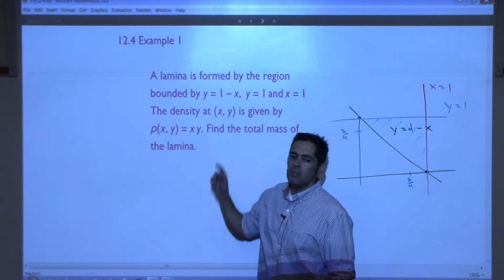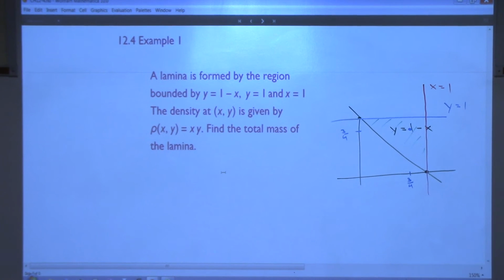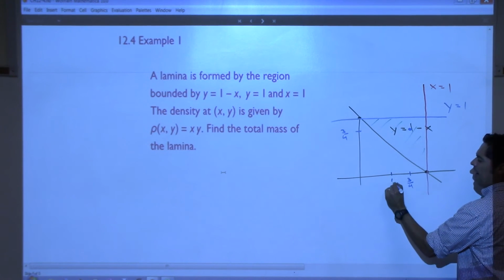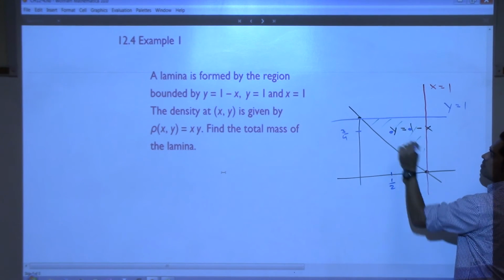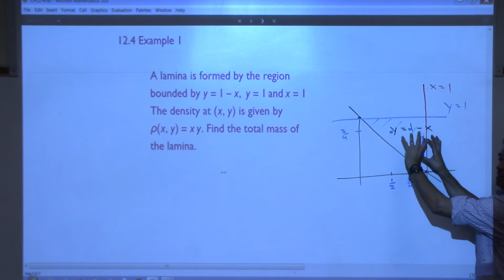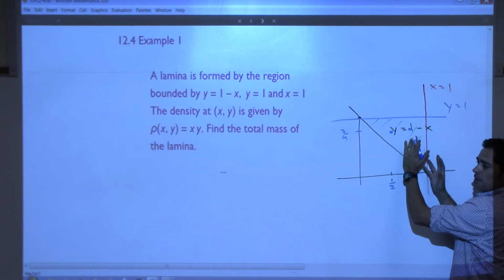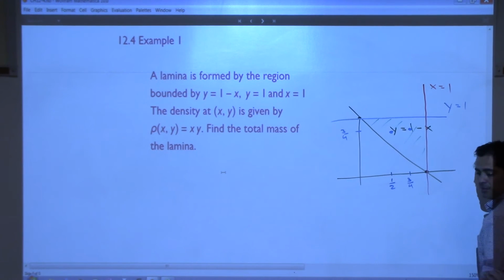So it's 9/16, whatever they're measuring it in. But if I move this to 1/2 and go up 3/4, then now it's changed. Now it's 3/8, a different density. So this lamina's density changes throughout the figure, and we're trying to find its total mass.